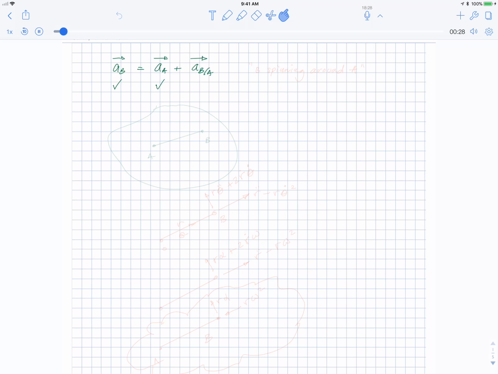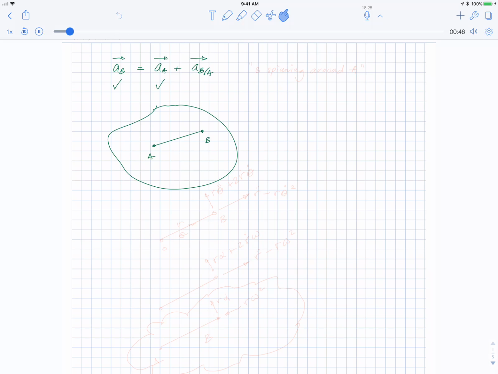What I want to talk about is acceleration of B relative to A, where both B and A are on a rigid body. So here we have a rigid body, and we have point A and point B. I'm going to draw a line between those two.